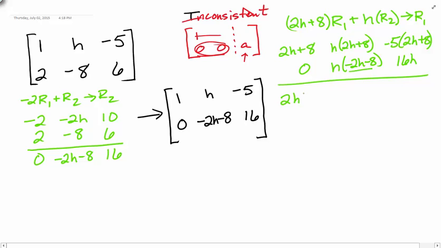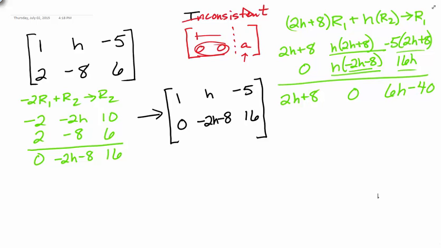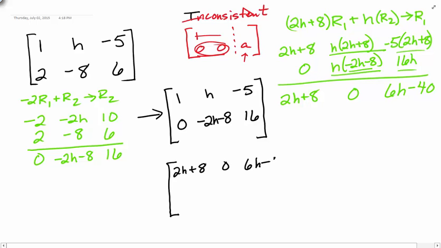So if we add those, 2h plus 8, these two things are going to be 0. Check it out, verify it. And then finally, we need to add these two. If we distribute the -5 through, it's going to be a -10h. Plus 16h is a 6h, and then a minus 40. And so that's going to be our new row 1. Row 2 is right here.